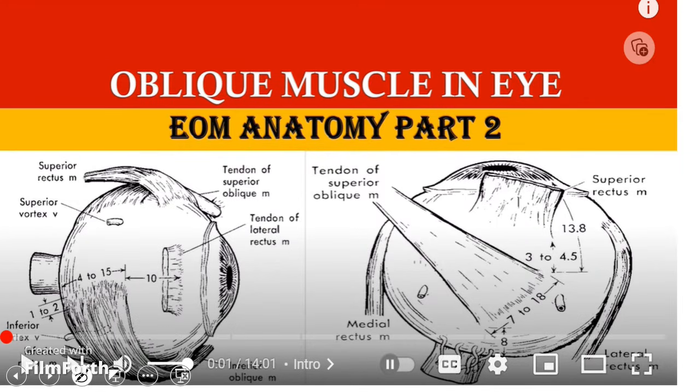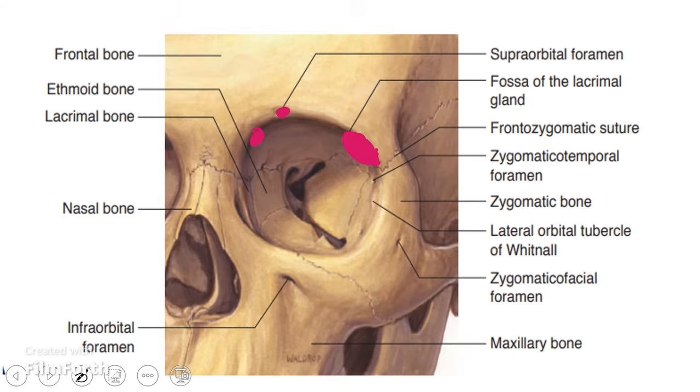So this is the video in which I explained in detail regarding the oblique muscles, the superior oblique and its trochlea. Now this picture depicts the various landmarks in the superior wall of the orbit, or the roof of the orbit. You can see laterally you have this fossa which will harbor the lacrimal gland. So the lacrimal gland is located in the lateral part of the roof of the orbit.